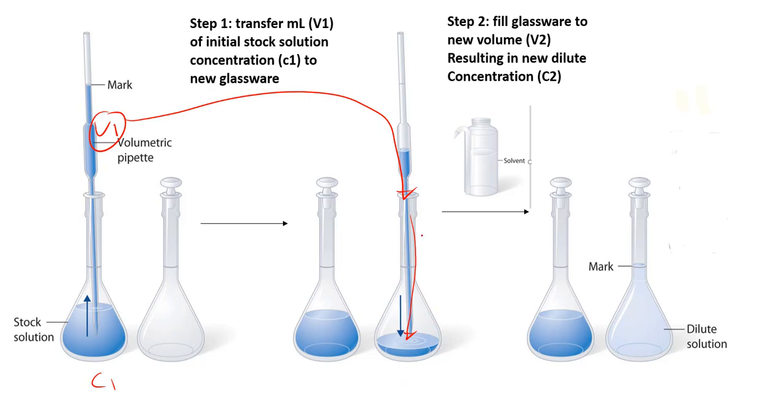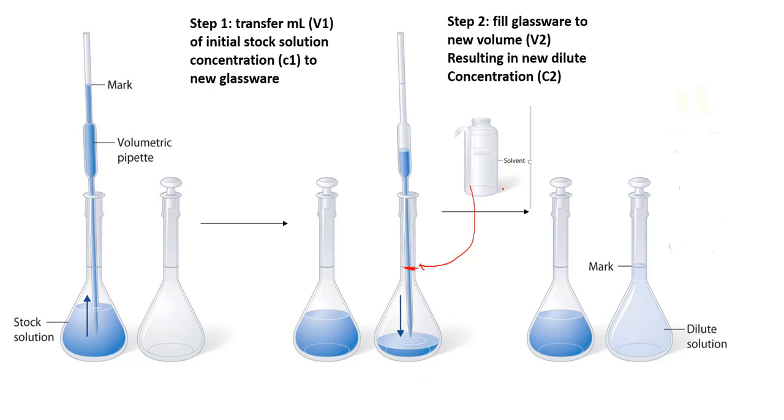Now, as soon as we have it transferred over, we're going to dilute it, usually with water. That's going to be our main solvent that we like to dilute it to. And we usually have some sort of special glassware which has a mark on it, so that we can dilute it to that special volume so we know exactly how much is in there.